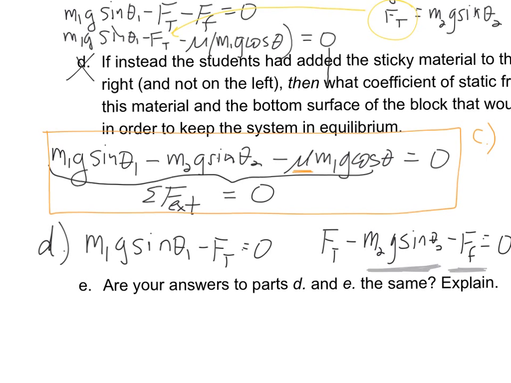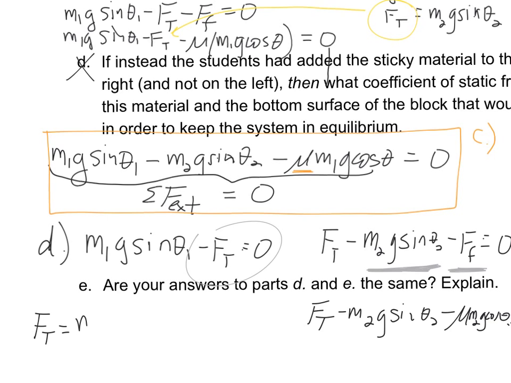All right, look at that for a minute. Then, of course, we can simplify that. Minus mu, this is m2g cosine theta 2, and that's all equal to 0. So if we solve, I would suggest solving this one for ft, and we find out that ft equals m1g sine theta 1.